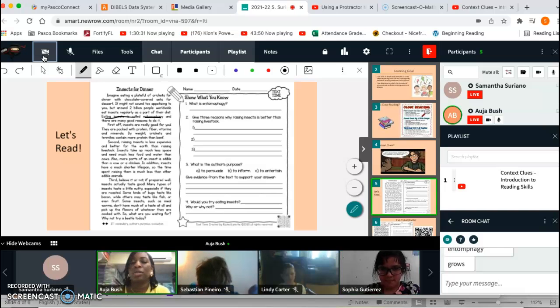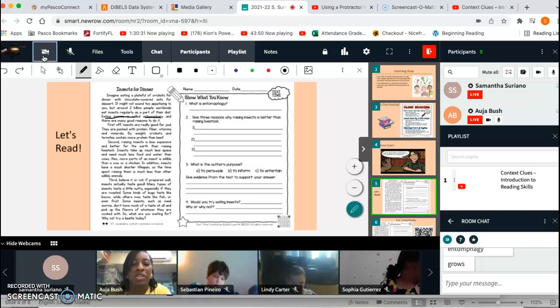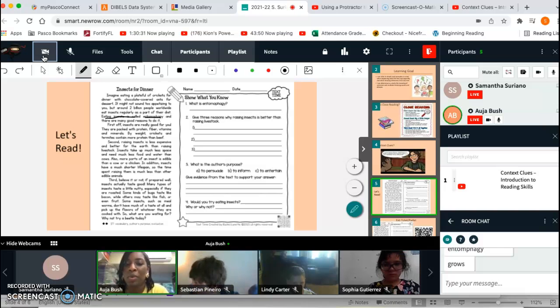Using our context clues, it says eating insects is called entomophagy, and there are many good reasons to do it. So if we look at number 1, it says, what is entomophagy? Sebastian, you want to give it a try? Entomophagy just means eating bugs. Or a person that eats bugs. Good. Using those context clues.